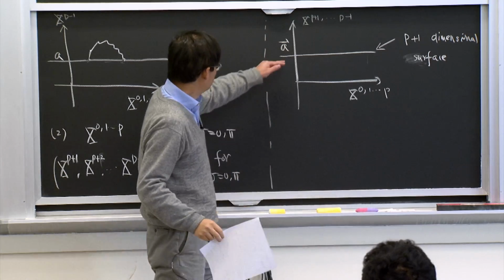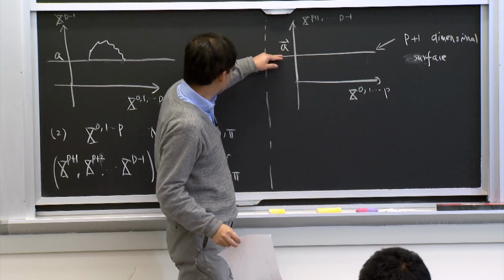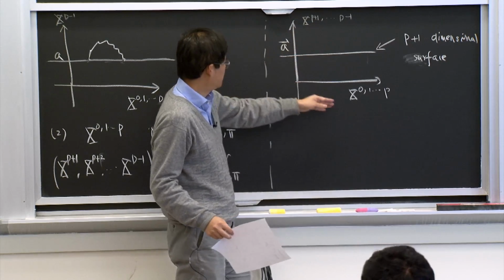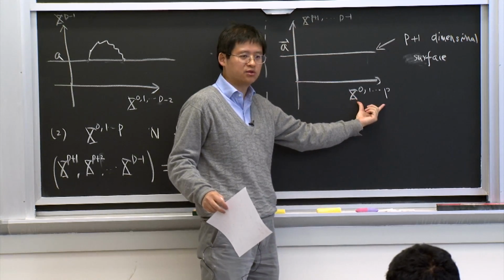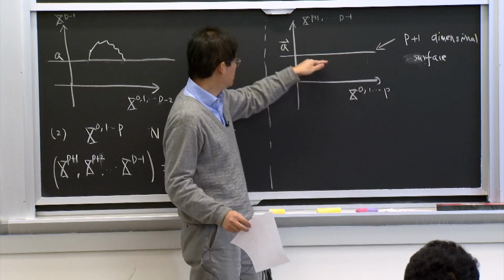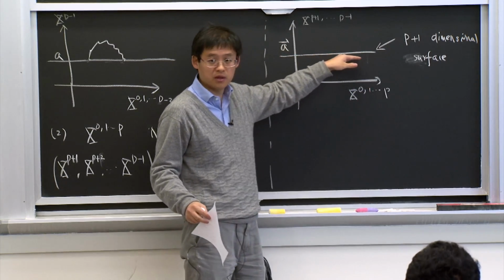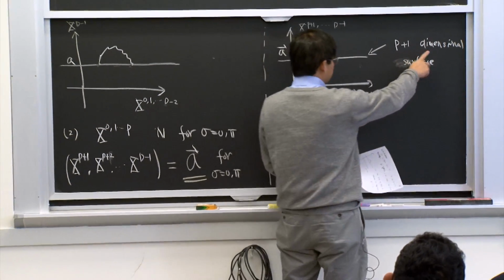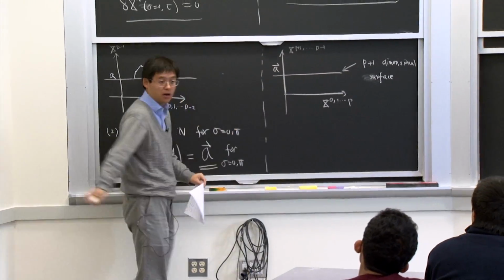Right? So the values of those coordinates are fixed, but the values of those coordinates can be arbitrary. So there's p plus 1 free parameters here. And so this is a p plus 1 dimensional surface in the space-time.